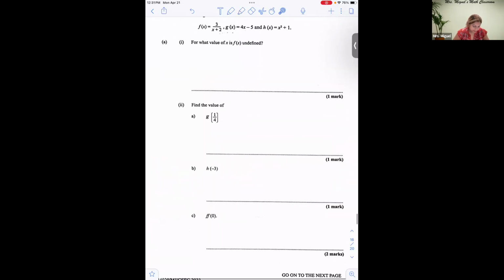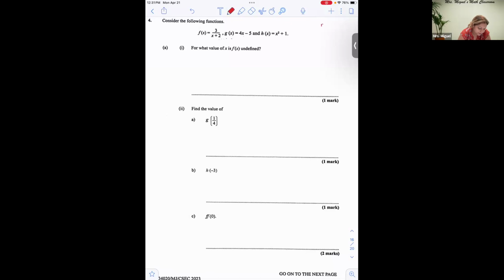So this question is taken from the May-June 2023 paper. You have a lot of parts. The first one I will do for you. For which value of x is f of x undefined?